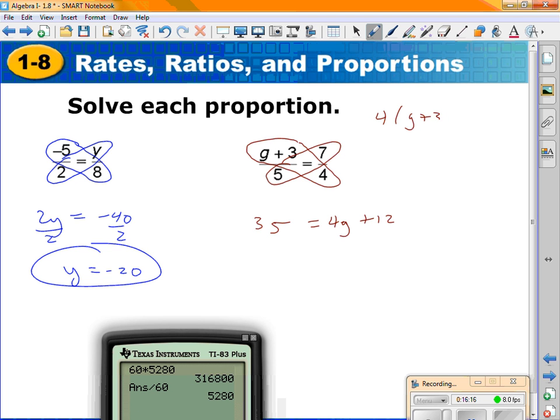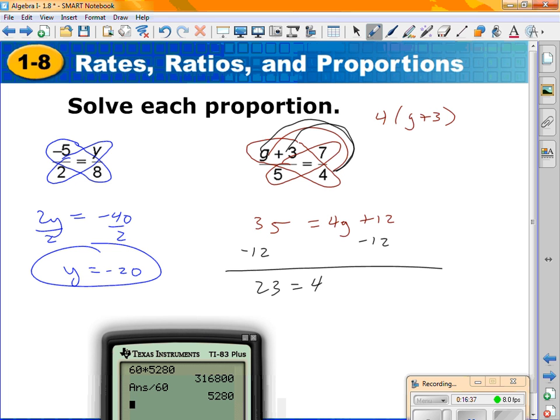What this really means is 4 times G plus 3. So this 4 has to go to both the G and the 3. Subtract the 12 over. I have 35 minus 12 is 23 equals 4G. Divide by 4, divide by 4. G is 23.